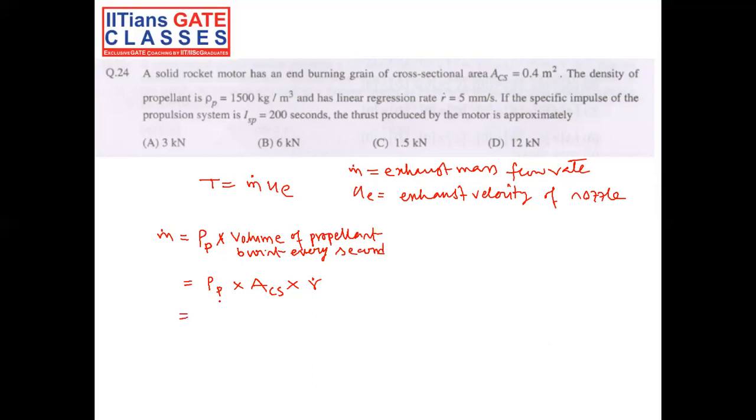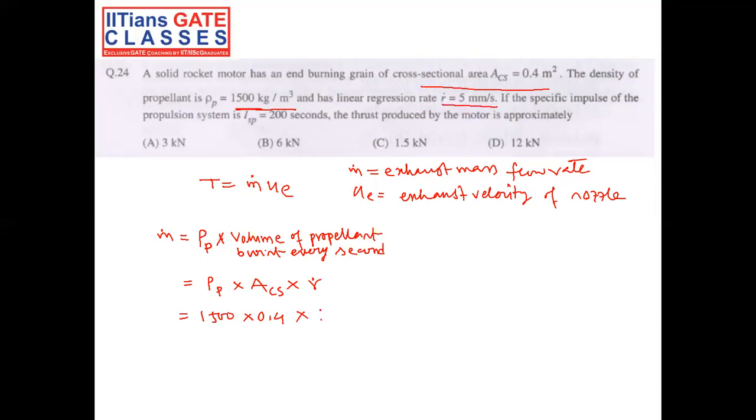So rho p, the propellant density, is given as 1500 kilogram per meter cube, and the cross-sectional area of the propellant is given as 0.4 meter square, and the rate at which the propellant is being burnt is given as 5 millimeter per second.